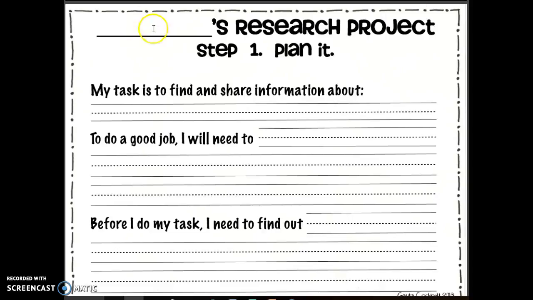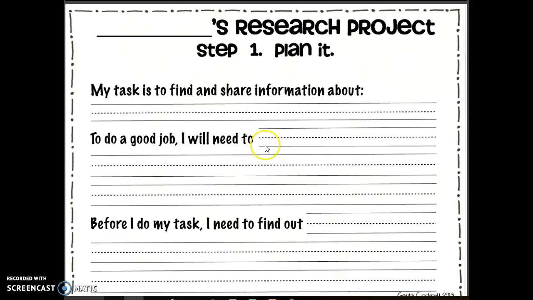To start with, you're going to need to write your name right here at the top where it says Blanks Research Project. Second, you're going to read the next sentence, which says, my task is to find and share information about. On this line right here, you're going to write what your project is going to be about. Remember, I started with golden doodles, so right here I would write the word golden doodles. To do a good job, I will need to probably talk to an expert.